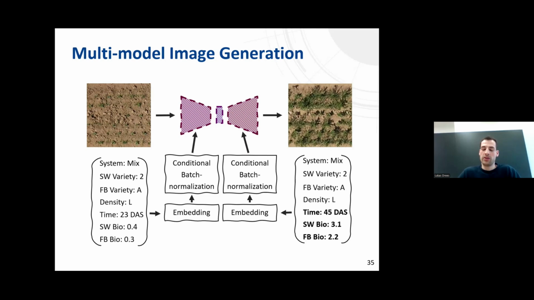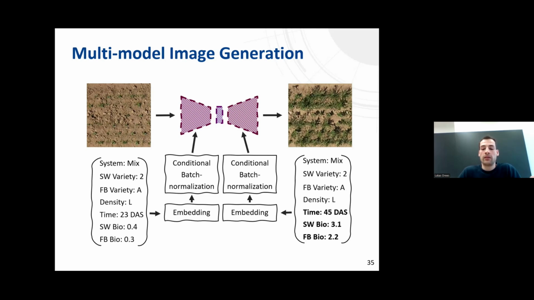In this example, only the time has changed. And with this, of course, the expected biomass changed, because the process-based expected biomass is coming from the SimPlace model, where we have daily measurements, daily output values.